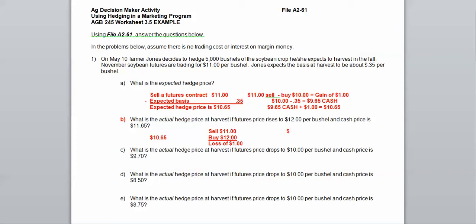If cash price is the $11.65, we have to take off that loss, and we'll end up with exactly what we predicted, $10.65 as a realized price.